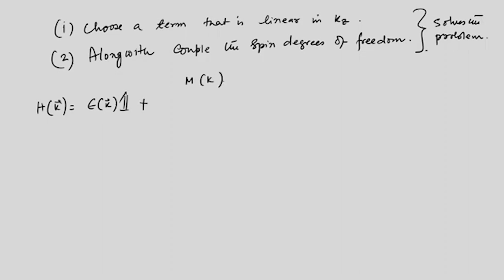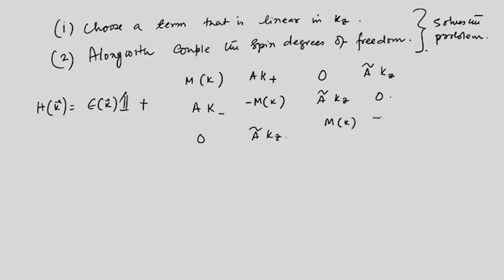So, this m k, a k plus, then we have a 0, and then we have a tilde k z, and we have a k minus, and you have a minus m k, and a tilde k z, and a 0, and a 0, a tilde k z, and m k, and this is a minus a k plus.